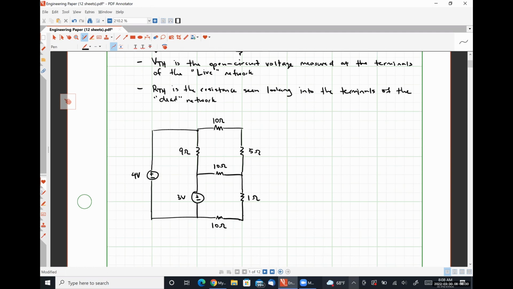Okay. So what we are about to do is we are going to find the Thevenin equivalent circuit with respect to the 1 ohm resistor. Okay. So effectively, we are going to find the equivalent circuit of what is connected to the 1 ohm resistor, which means the 1 ohm resistor in this case is playing the role of the load resistor like we had in the circuits that we analyzed on Monday, okay?